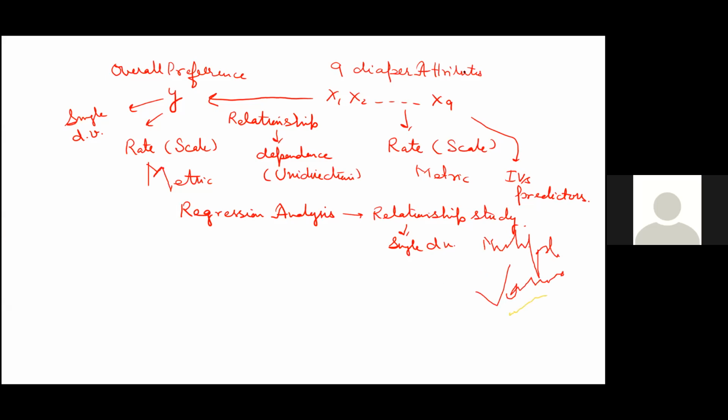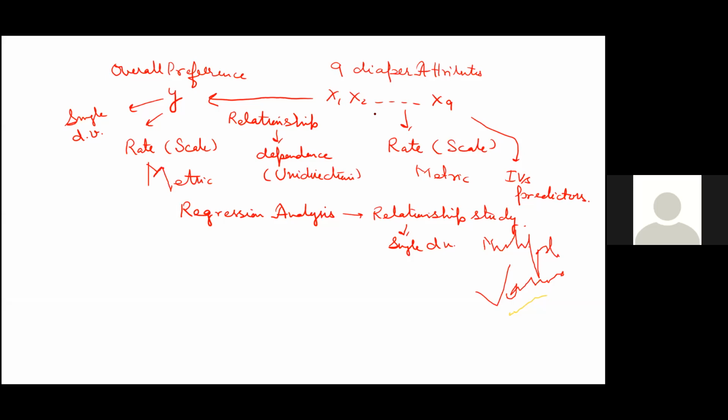In most situations, we employ relationship, means there are some factors, termed as independent variables, and these independent variables may have some impact on the dependent variable. Like in this case, we have 9 diaper attributes. We want to examine which diaper attributes have some impact on the overall preference. There are n number of examples.